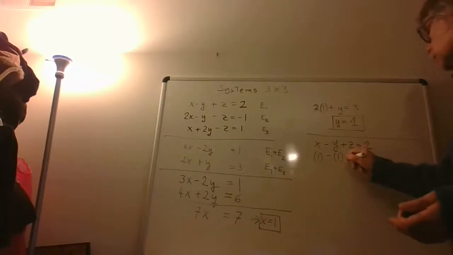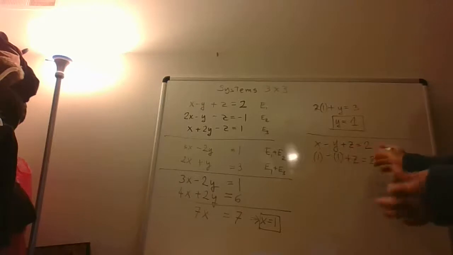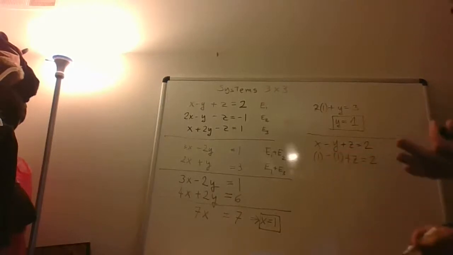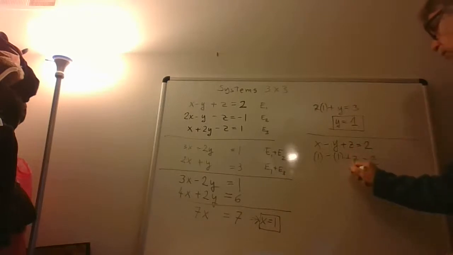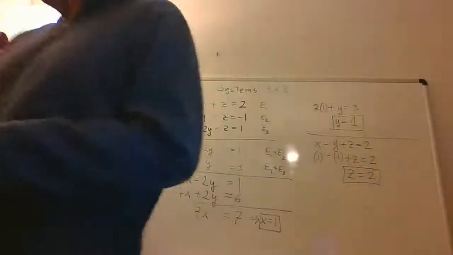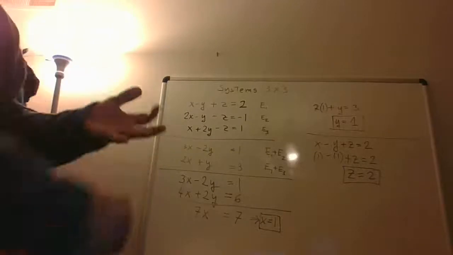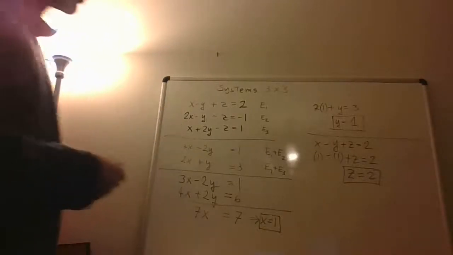And I don't know z, but now I'm going to find it because now I have full information about z. It says 1 minus 1, which is 0, plus z is equal 2. So basically what it says, z is equal 2. Okay? So now I have the whole solution. I know x, I know y, I know z. So the solution of this system is 1, 1, 2.